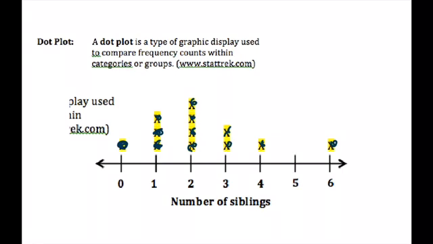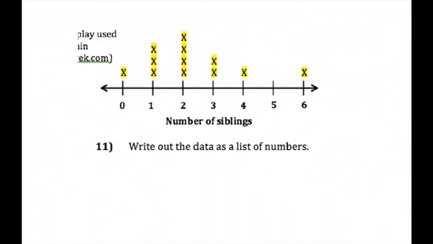Number 11 asks us to write out the data as a list of numbers given this dot plot. So we're going to go ahead and list these numbers. What I can see here is that I have one person that has 0 siblings, so my first number is 0. Then I have 3 people that have 1 sibling, so I have 3 ones.